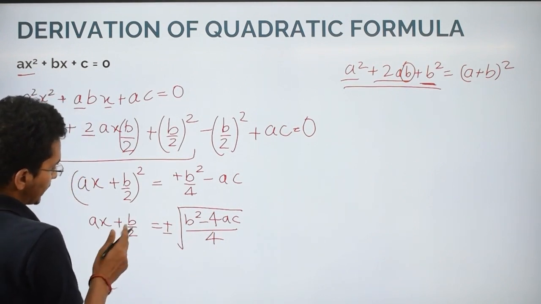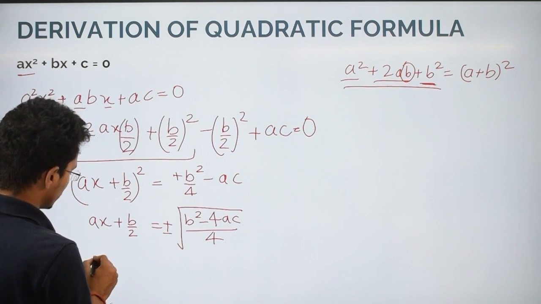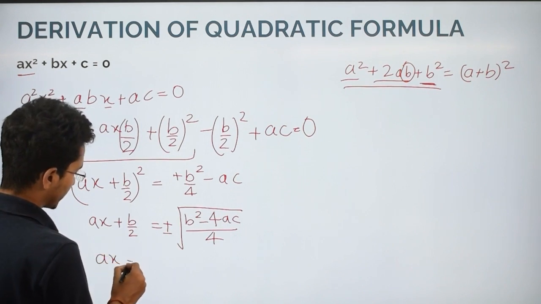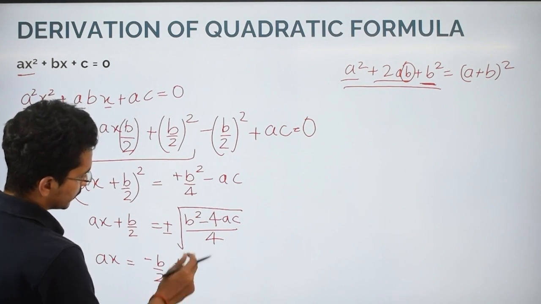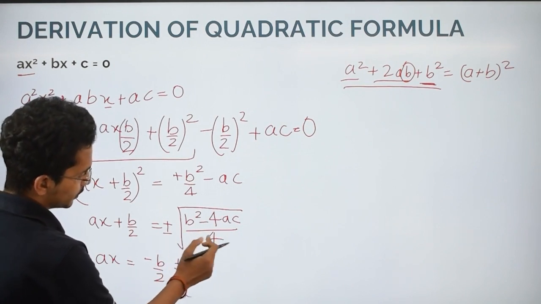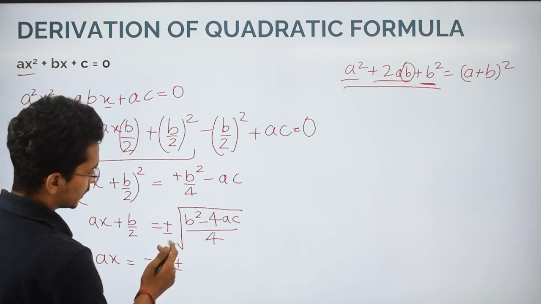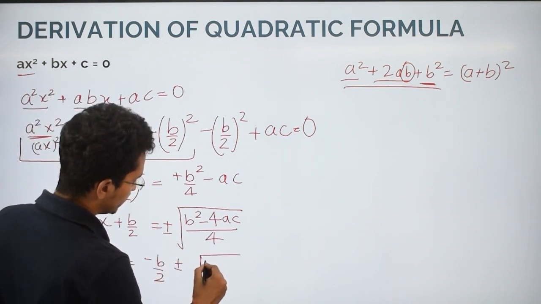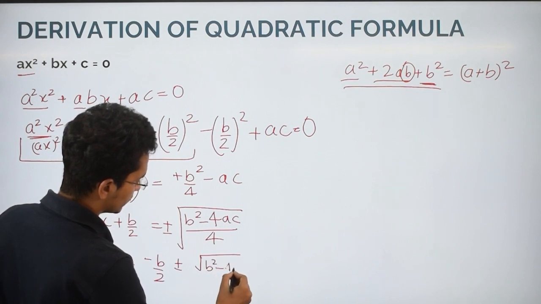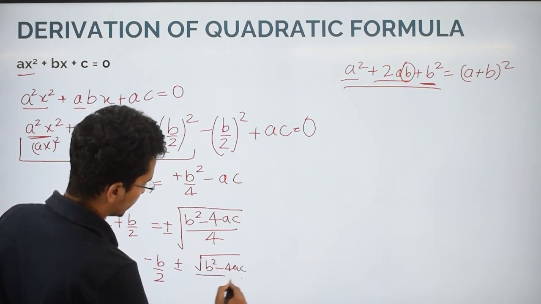If you take this b by 2 to the other side, it becomes minus b by 2 plus minus. We can take the 4 out of the square root, so it comes as 2, because the root of 4 is 2. So we write the root of b square minus 4ac upon 2.